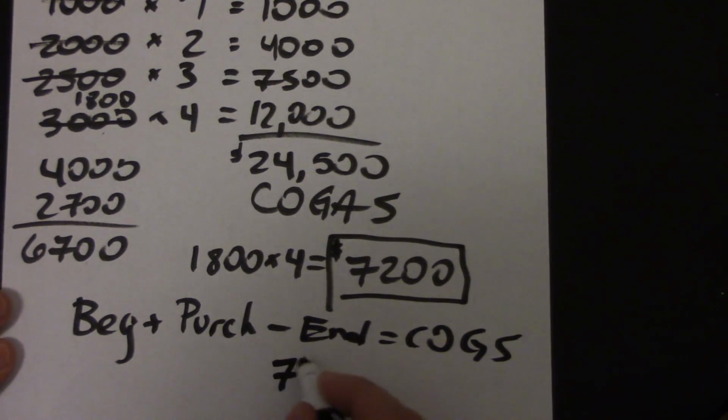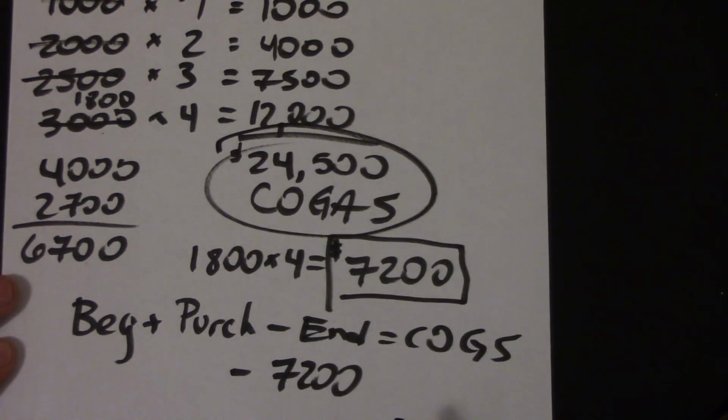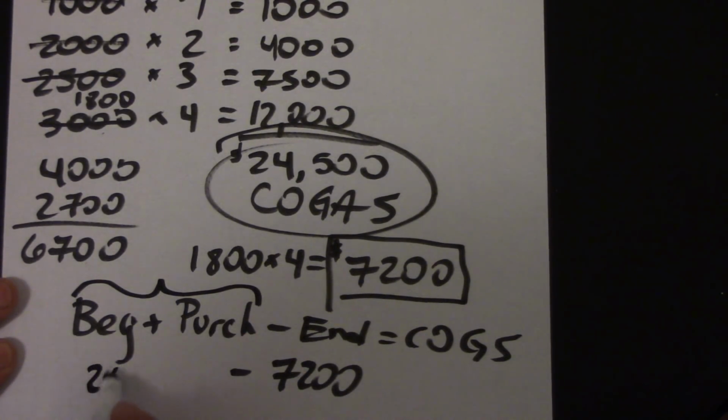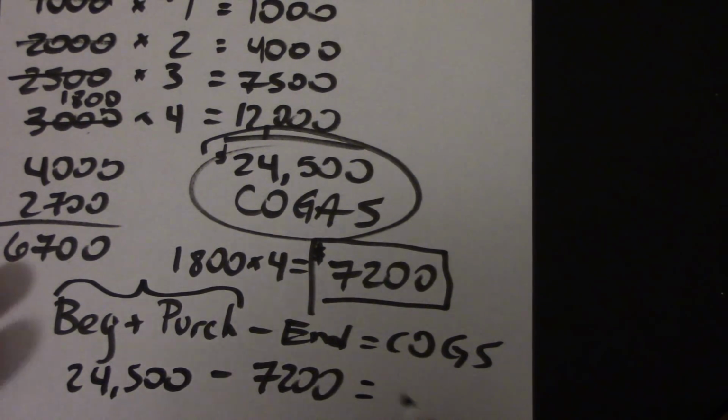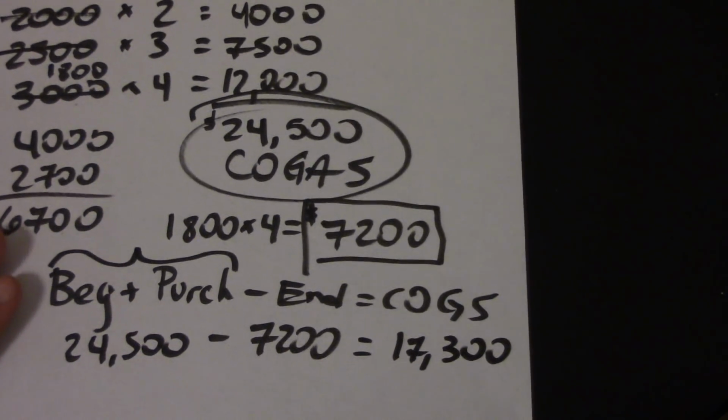Our ending inventory is $7,200. We're going to subtract that from our cost of goods available for sale, which is $24,500. Here's the cost of goods available for sale, $24,500. Minus 7,200 is our cost of goods sold, 17,300.